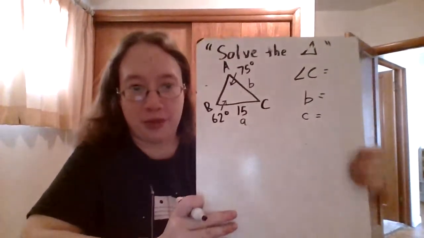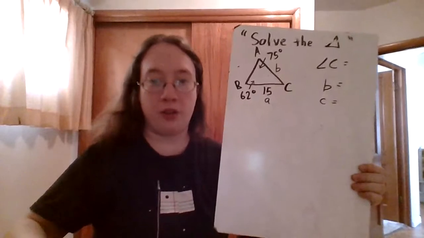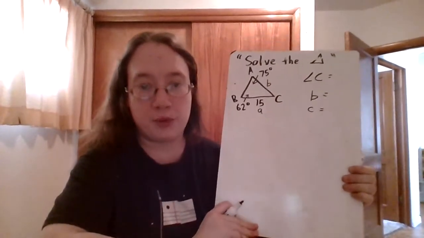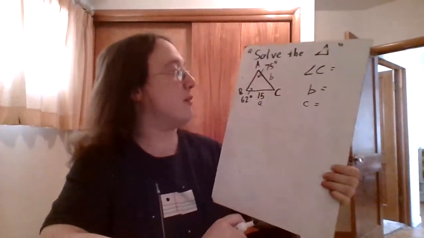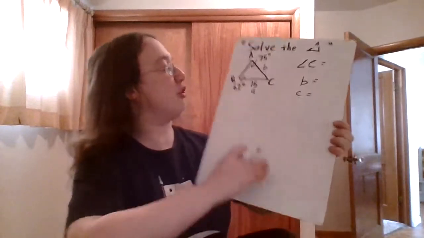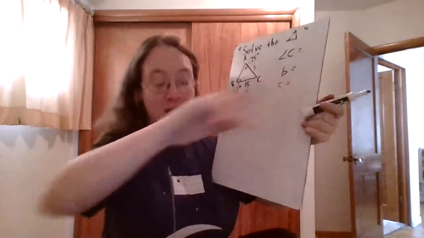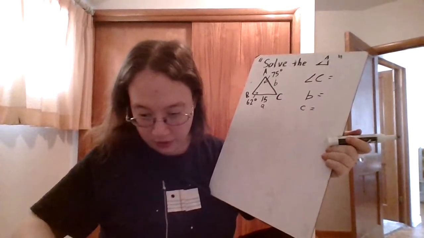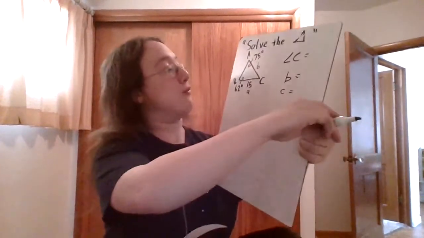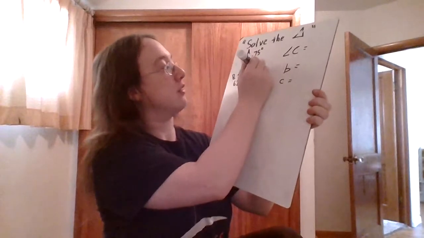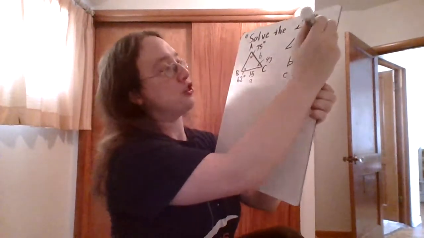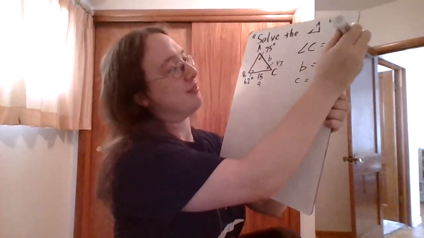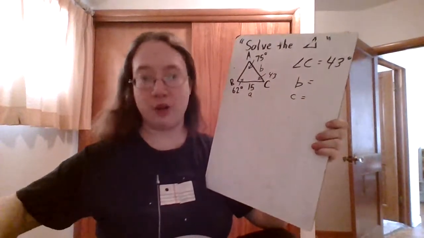So we're looking for 3 things here, and in general, the easiest thing to find quickly is probably going to be your third angle, because triangle angles add up to 180, so 180 minus 62 minus 75 gives you 43. So that's one of our things right away. So there's our third angle.